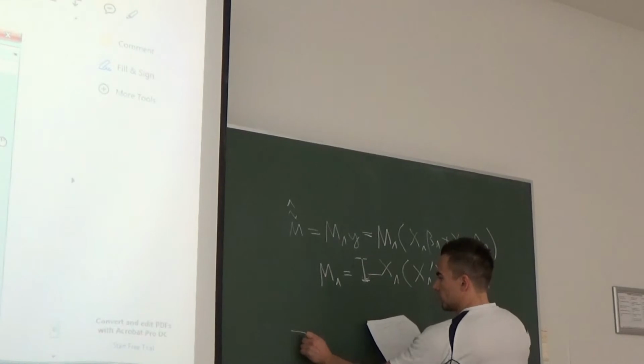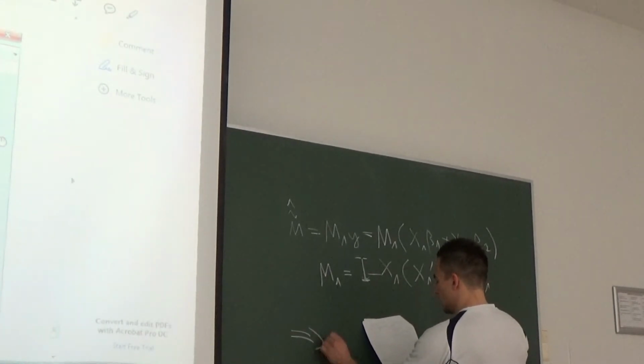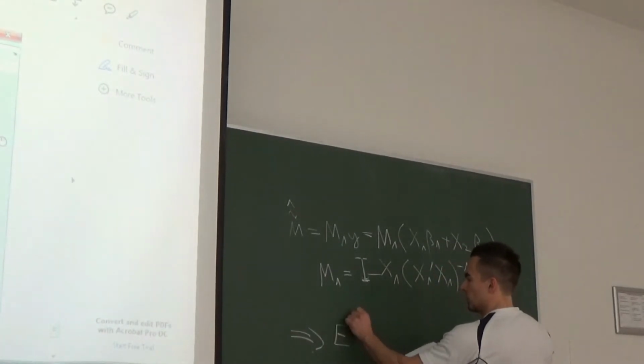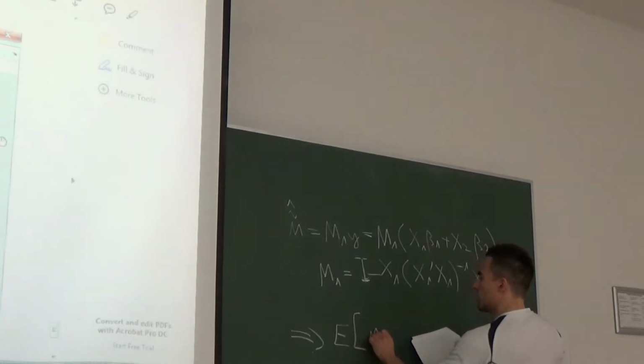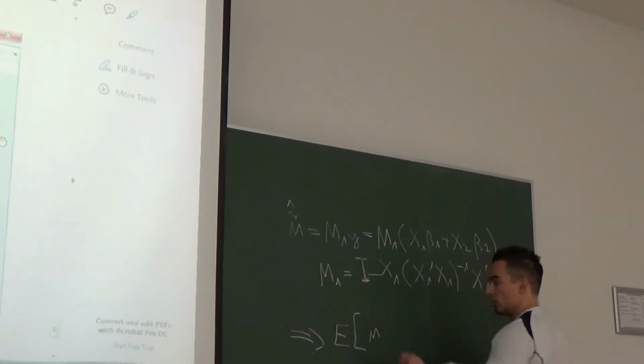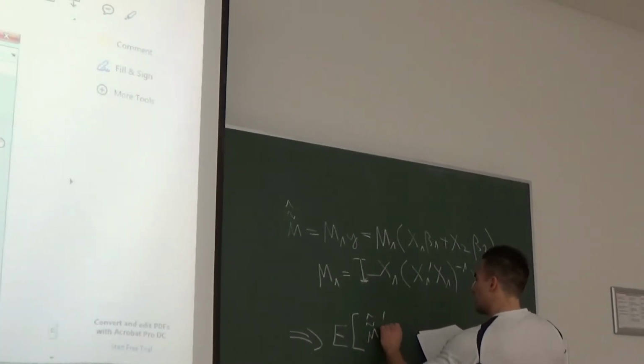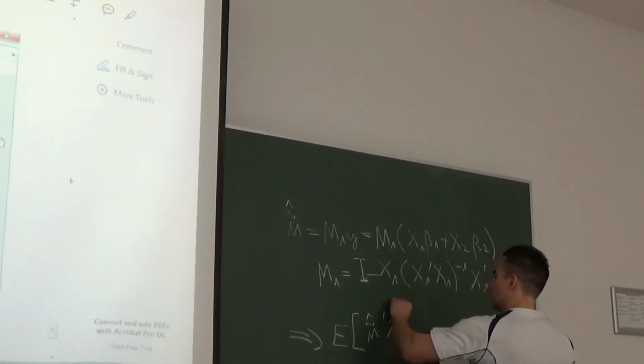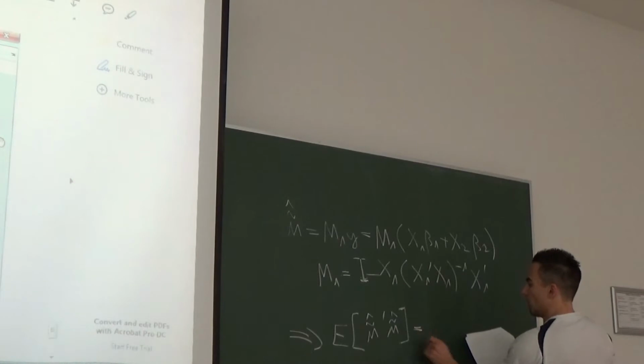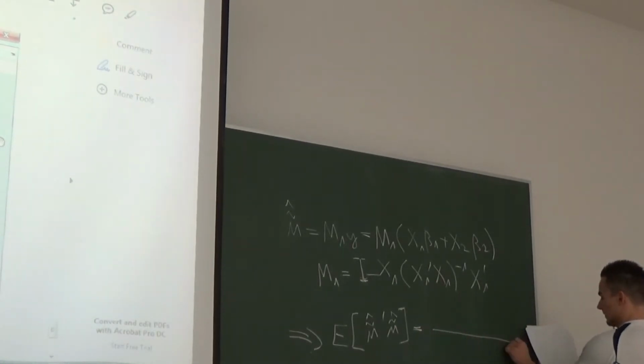So what you get is that the expectation of using the wrong model looks like that.